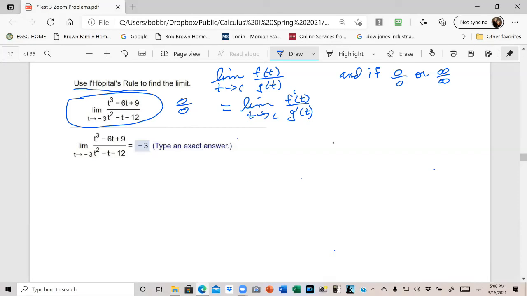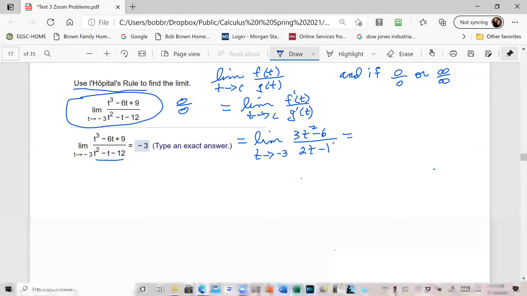So this would be the limit as t approaches minus 3 of the derivative of the numerator, which is 3t squared, minus 6, divided by the derivative of the denominator, which is 2t, minus 1.